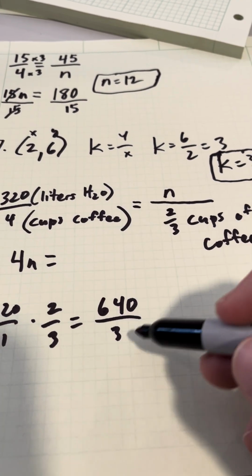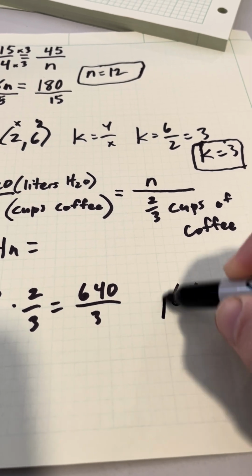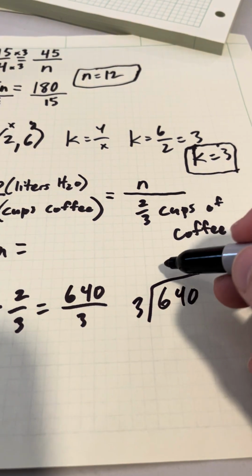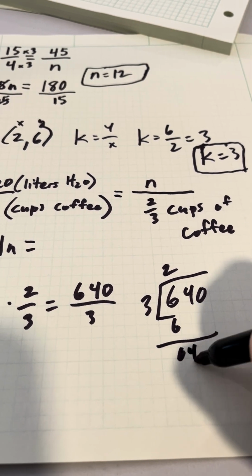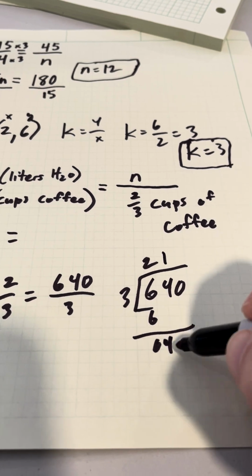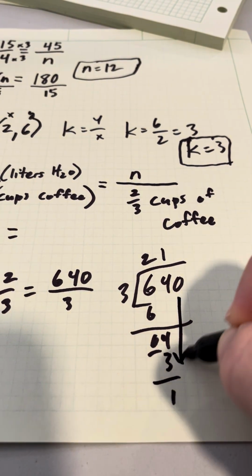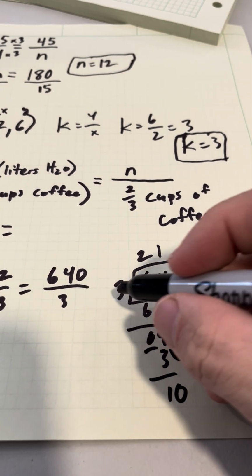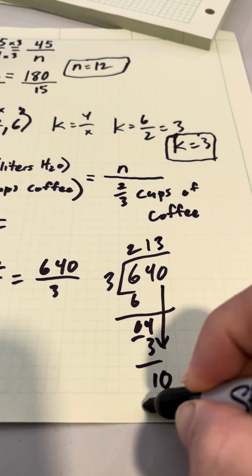So now we need to figure out, okay, what's 640 divided by 3? 640 divided by 3. 3 goes into 6 2 times. Bring my 4 down. That goes in once. 1 times 3 is 3. Subtract. Bring down my 0. Okay, 3 goes into 10 3 times. We get 9.